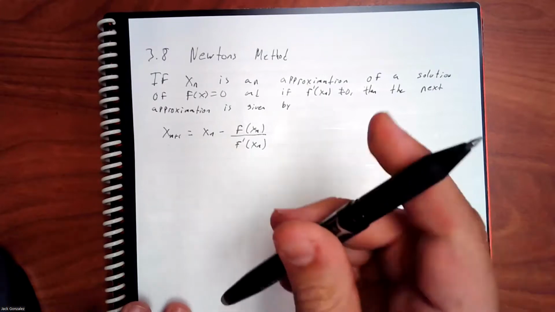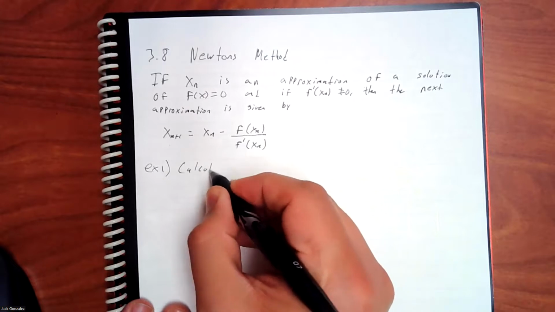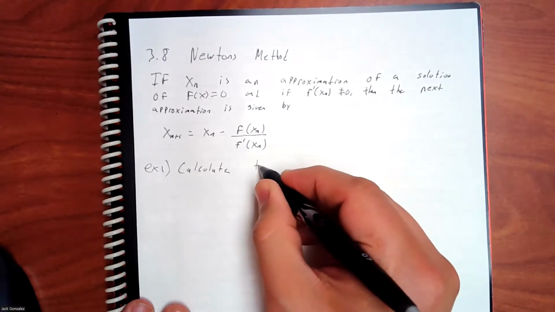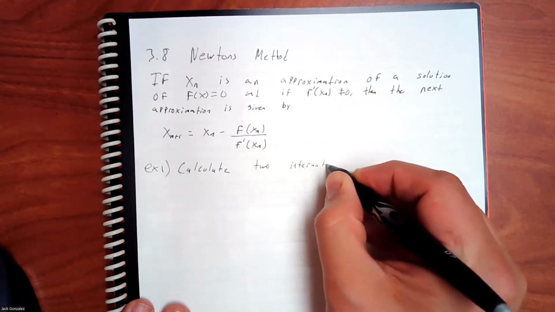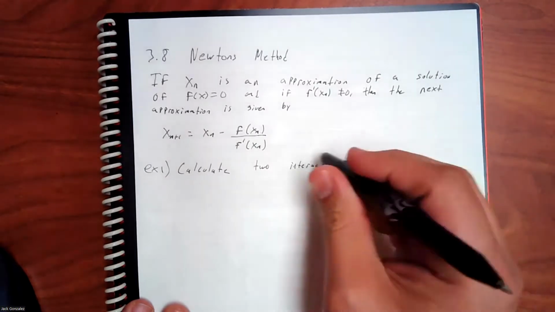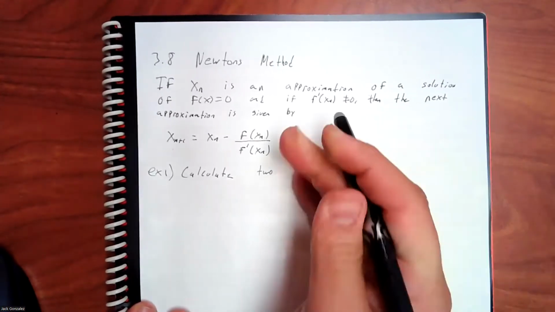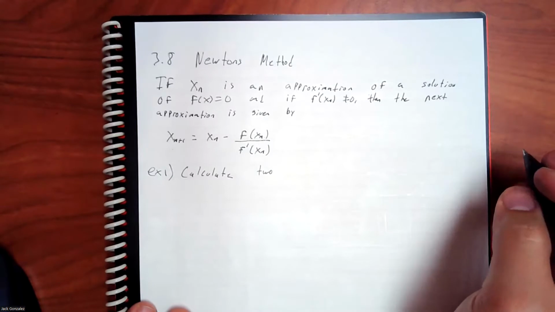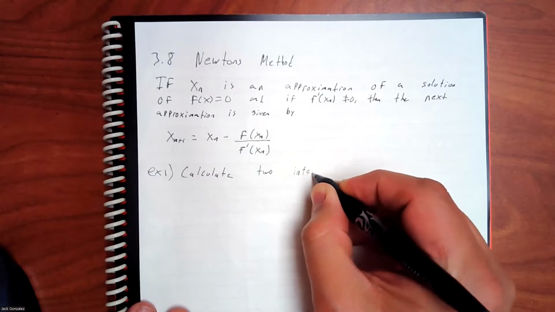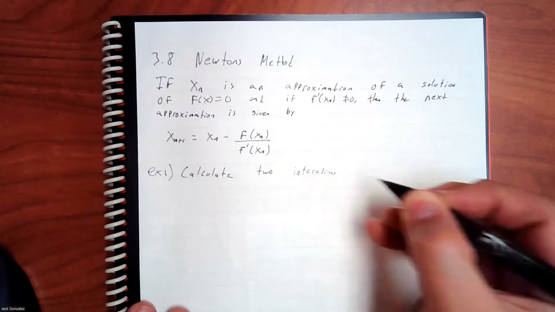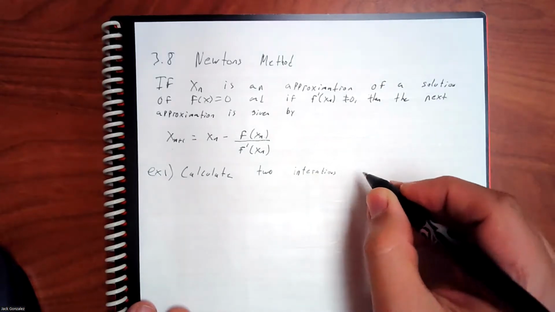Okay, so first example. Calculate two iterations, sorry, two iterations of Newton's method.